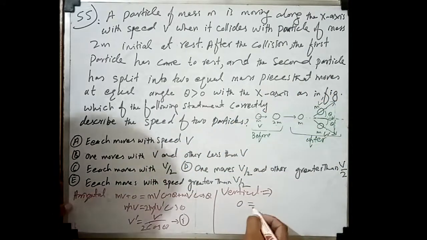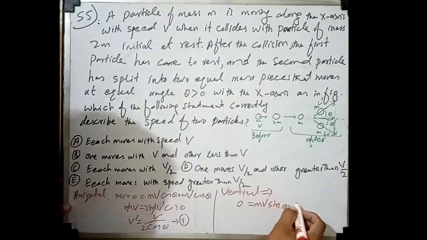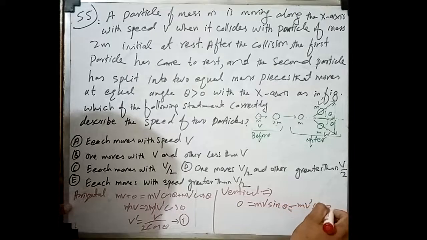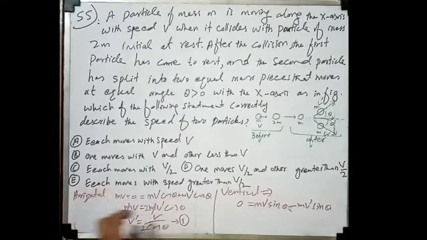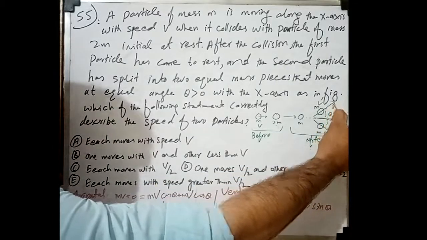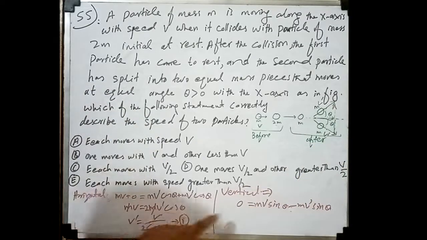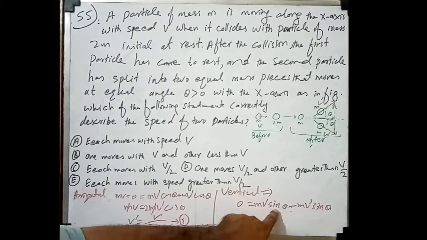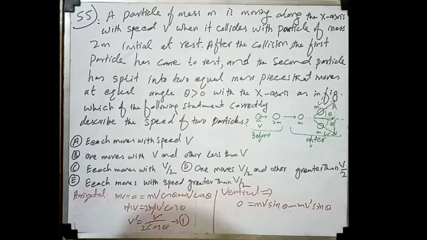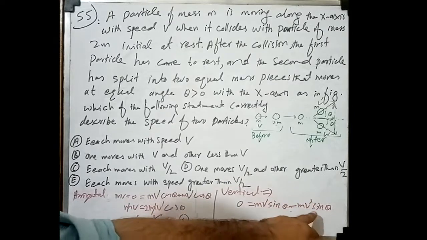We can write that mv prime sine theta equals minus mv prime sine theta, because we can see here that the momenta in the vertical direction are opposite in direction, so we put a negative sign. So 0 equals mv prime sine theta minus mv prime sine theta.